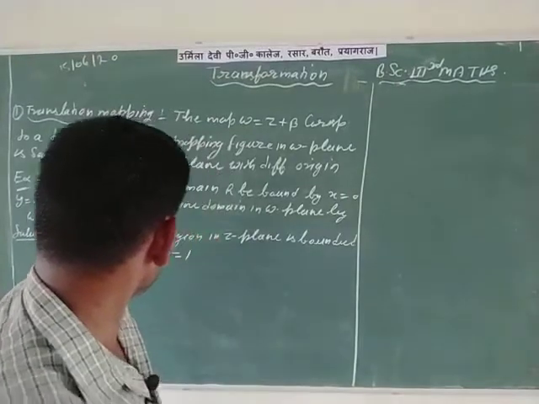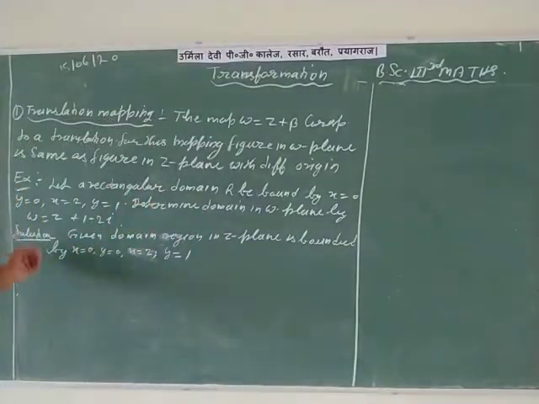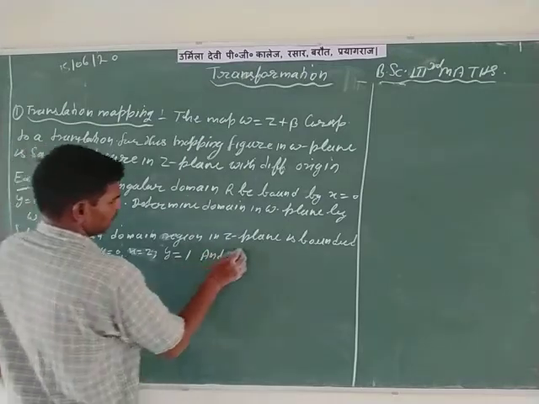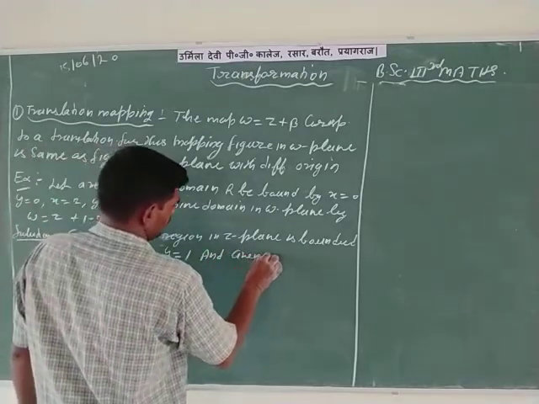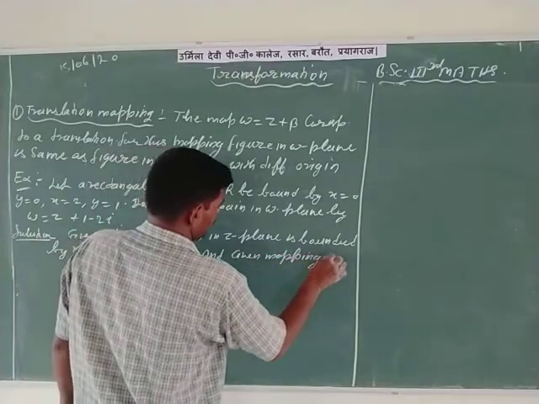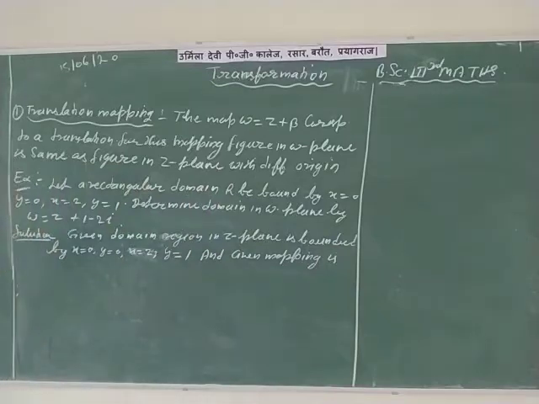And given that the transformation mapping is W is equal to Z plus 1 minus 2i.